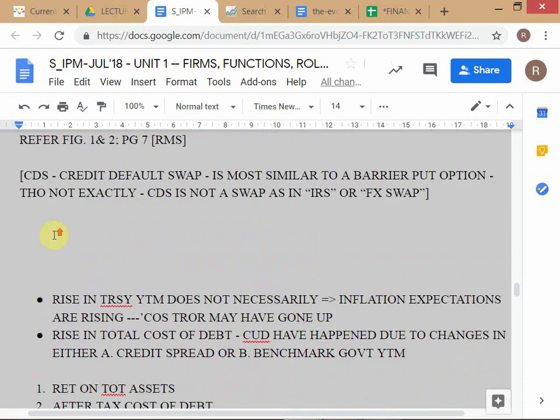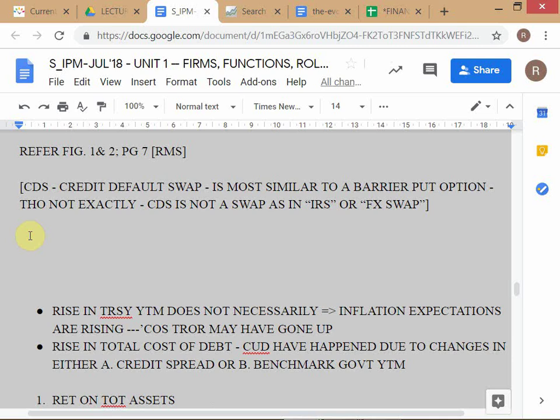So why did ABC here not issue fixed rate debt directly? Okay, so refer to this again.